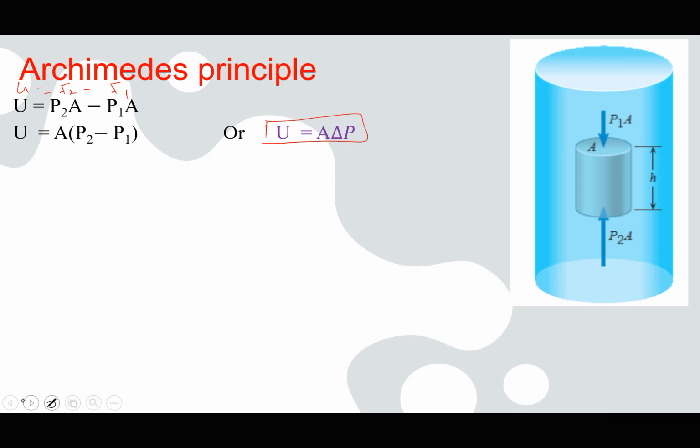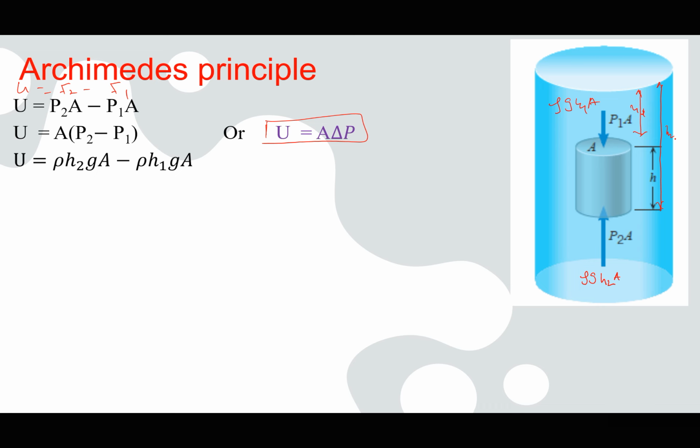And therefore, we also saw that the upthrust is equal to, if you bring in the pressures P2 and P1, of course, we know that P2 is density times g times H2 times A, and P1 is density times g times H1 times A. Of course, H1 is this height here, and H2 is the whole of this.